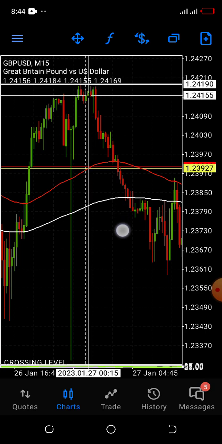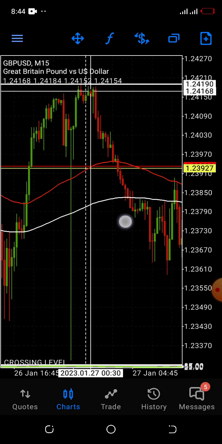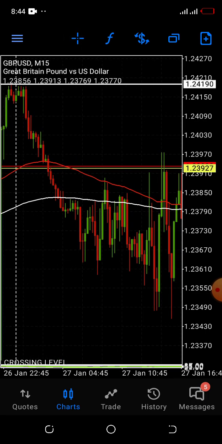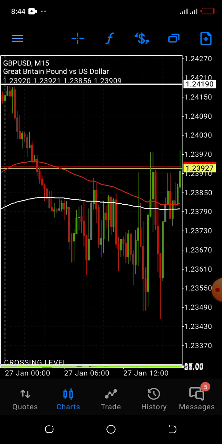Do you get that? That means if you sell on this green candle here, you just have a 15-minute retracement, and then boom, the market came down. You see how the market came down. If you use just one lot size, you know how much you will make on this.